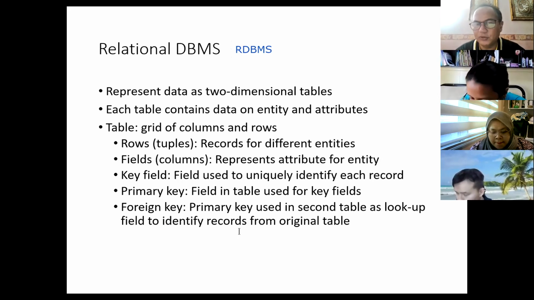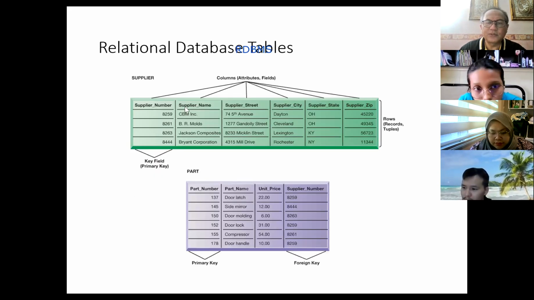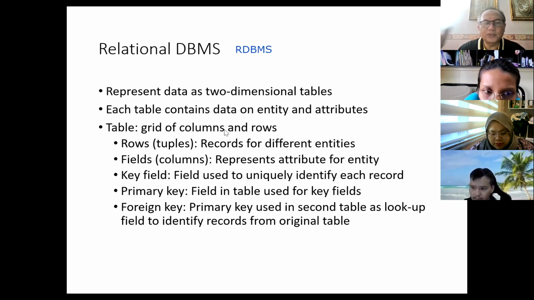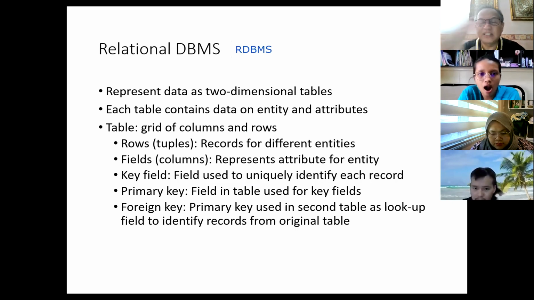It represents data in two-dimensional tables. This example is like this: two-dimensional tables that have rows and columns. These are the columns, and then we have rows. Each table contains data on the entity and attributes.